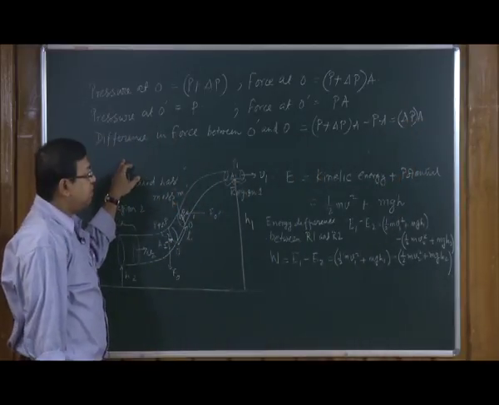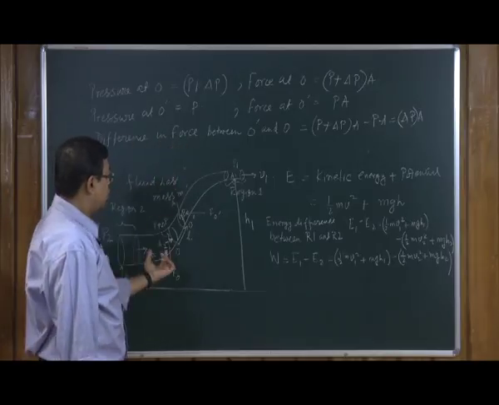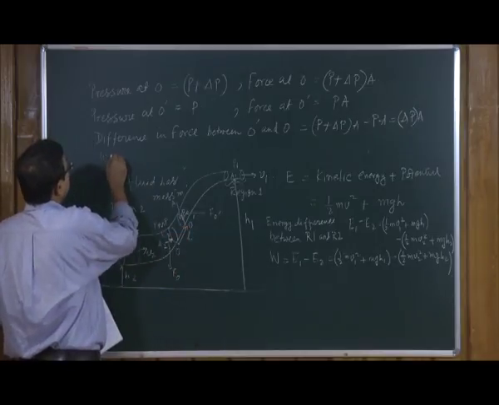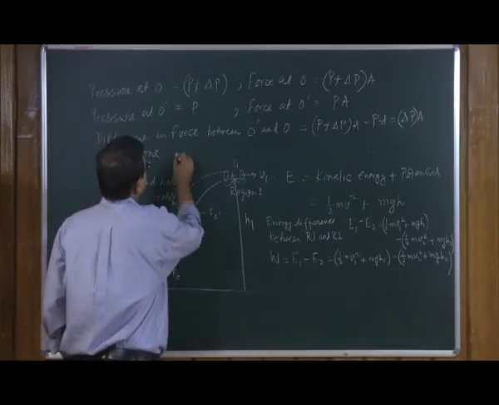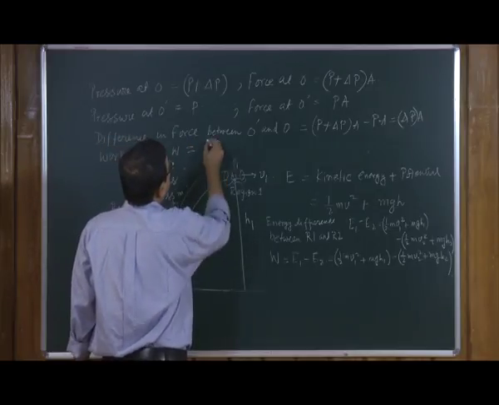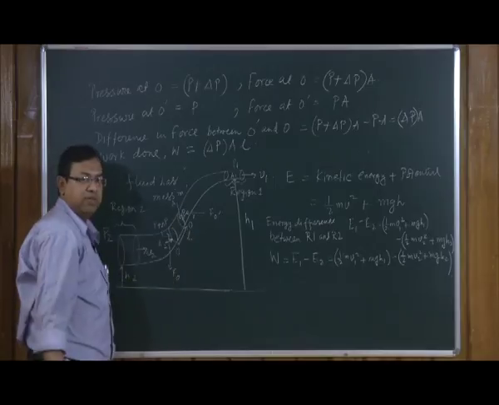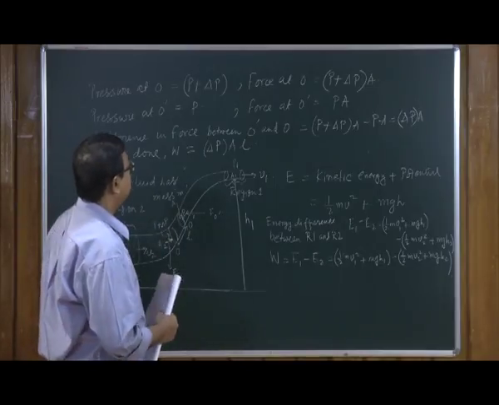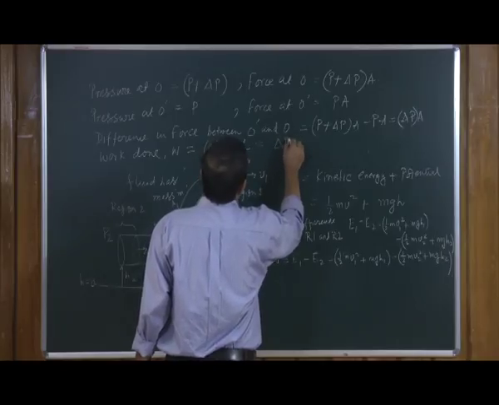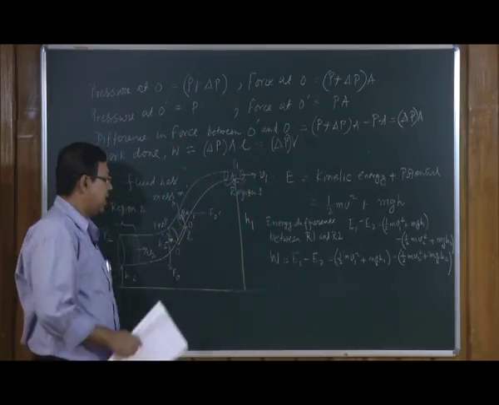Now, this force will be spent in doing the work that we have mentioned here, and for this force to push this liquid column, the work done W is equal to delta P into A into L. This is the distance in moving the liquid film from here to here, and this will be equal to delta P and V, where V is the volume of this small portion that is drawn here.